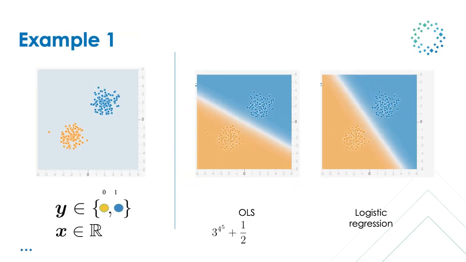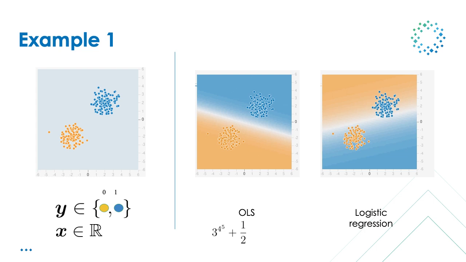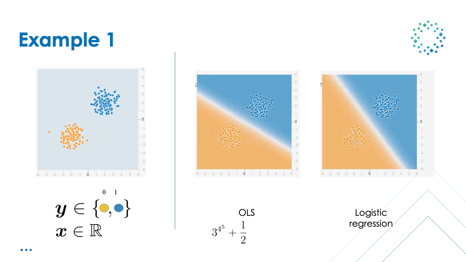Now, consider the following classification problem where we try to separate two classes. Because they're linearly separable, it is quite easy to use any model, whether we regress y on x linearly or with a logistic regression. We will get that the frontier is a linear combination of x1 and x2. The linear regression will output a real value between minus infinity and infinity.